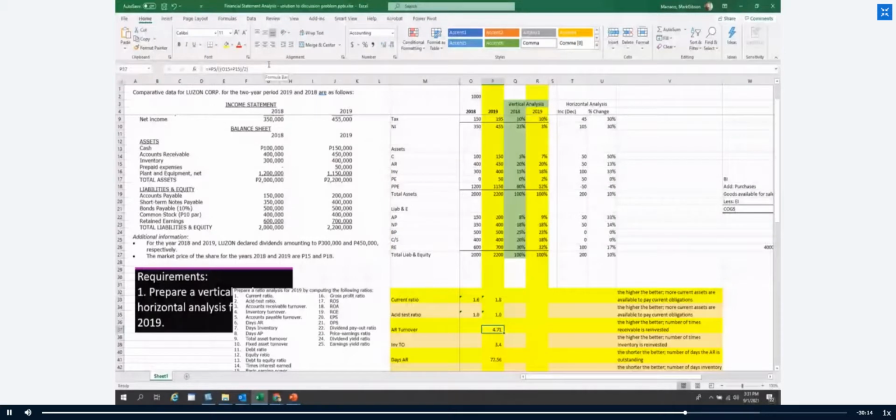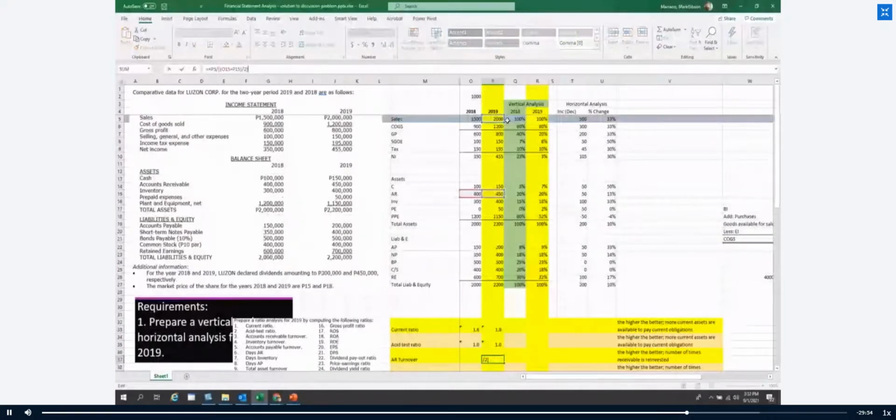And of course, whenever you're being asked to do ratios involving balance sheet accounts, you have to get the average. So in AR turnover, that's actually your net sales divided by the average of your beginning and ending AR.